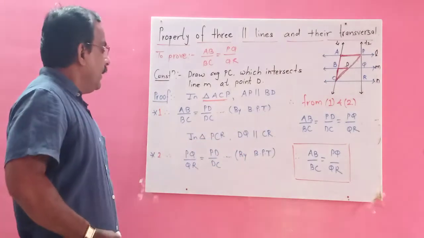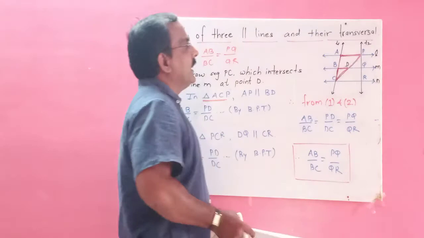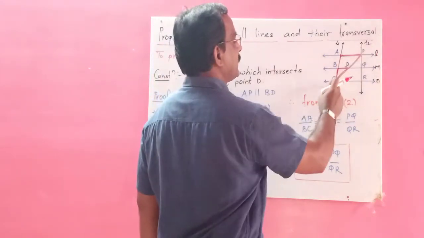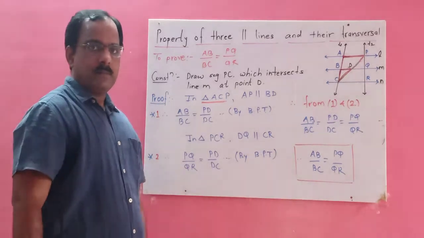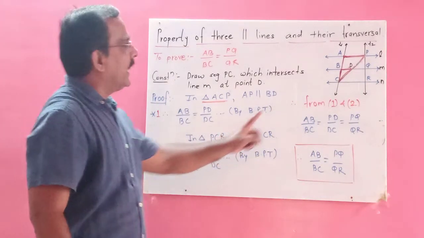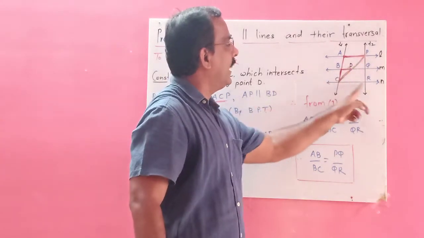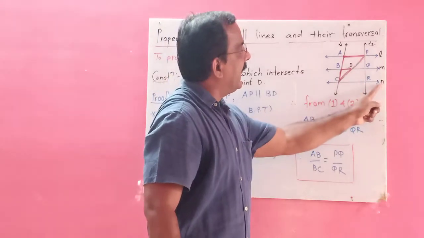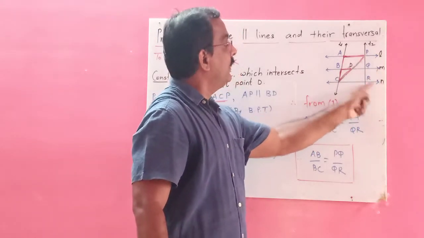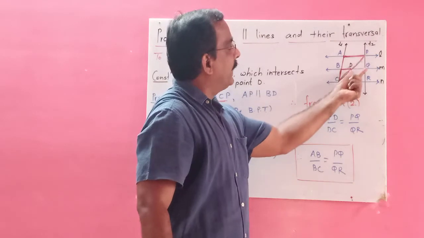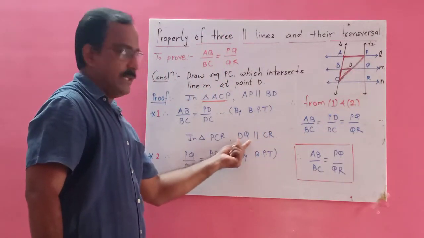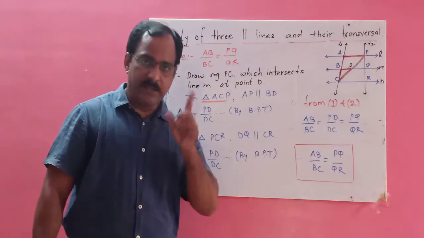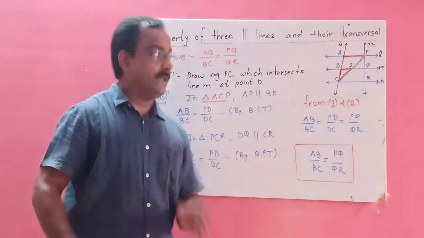After that, in triangle PCR, see here PCR, this I said N and M are parallel, means CR is parallel to DQ. So again here also we can apply BPT.